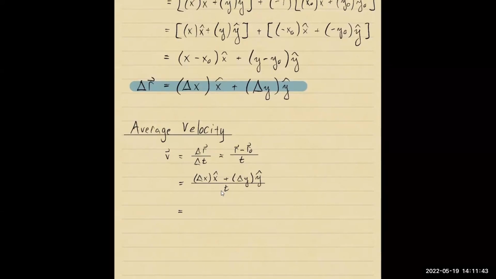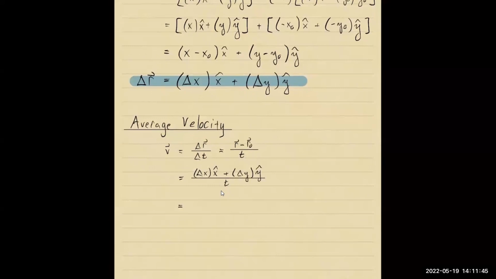So we can rewrite this again as delta x divided by t in the x direction plus, let me parenthesize that off, the displacement of y divided by t in the y direction.